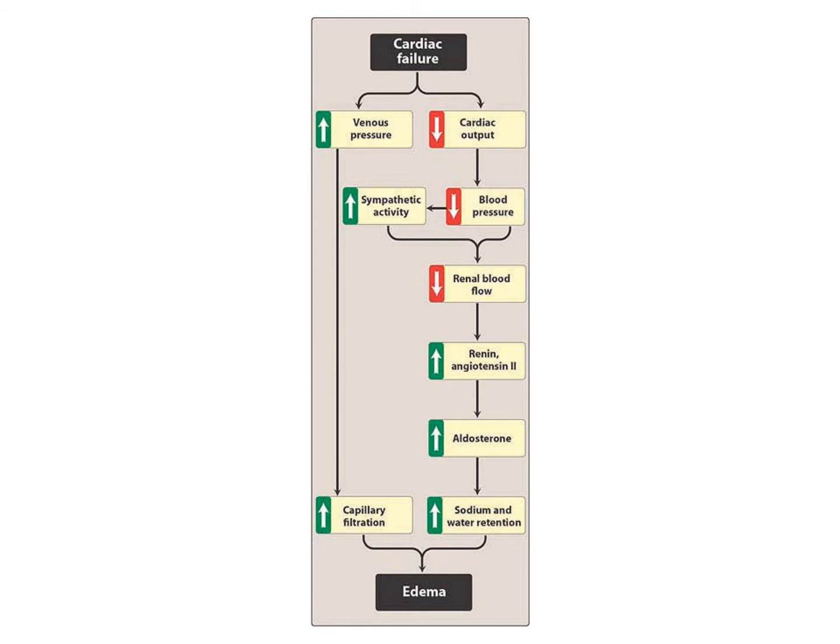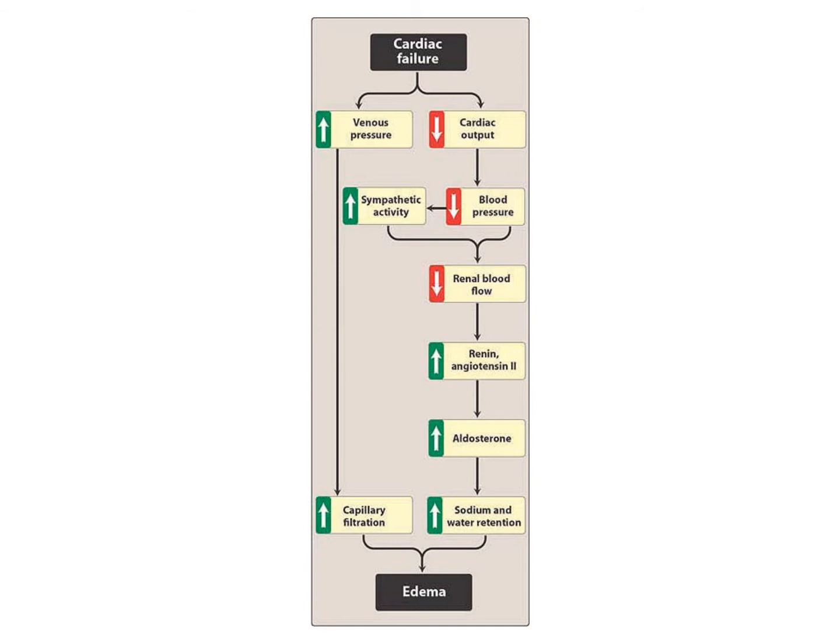Compensatory mechanism number one, as we said, is the overactivation of the renin angiotensin system and aldosterone, ending with increased sodium and water retention, and as a result, edema, peripheral or pulmonary edema.